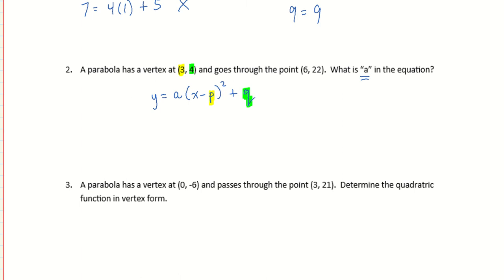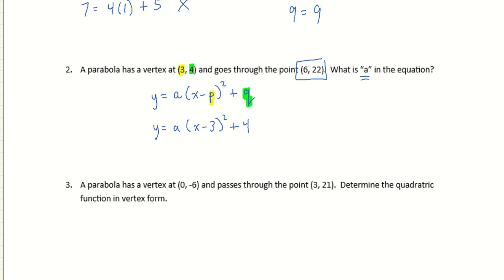So we don't know everything about the equation that we're looking for, but we do know that it's (x - 3)² + 4, okay? Because that would be the vertex form of a parabola with the particular vertex that we're given, (3, 4). All right, so we don't know what a is, but we do know a point on the parabola.